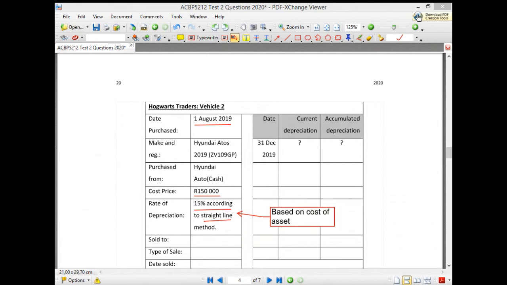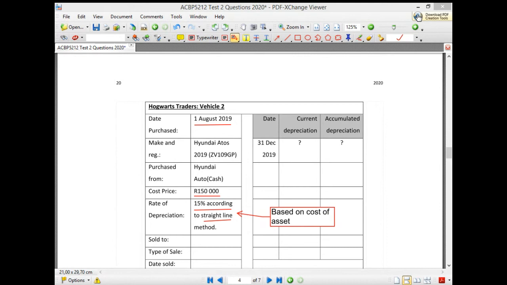Now, what is important to note is please remember to include the folio numbers when you do your general ledger accounts. You do actually get marks for these in most instances.